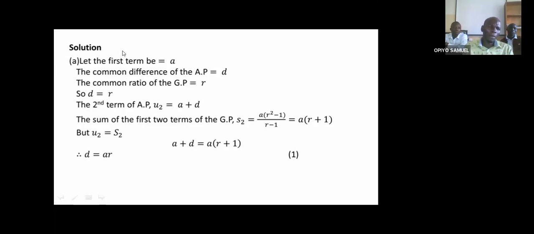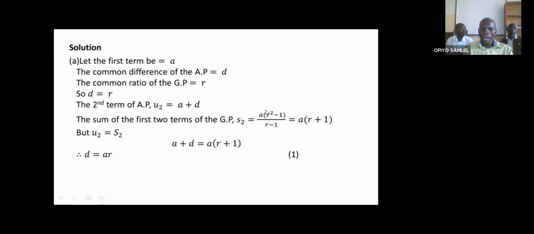Then also in the problem, they said the second term of the AP, given by u2, equals a plus d. Here we shall have 2 minus 1 times d, which remains 1 d. Meanwhile, the sum of the first 2 terms of a GP, denoted by S2, is a, that is the first term, times r to power n minus 1, so we have r squared minus 1 over r minus 1.